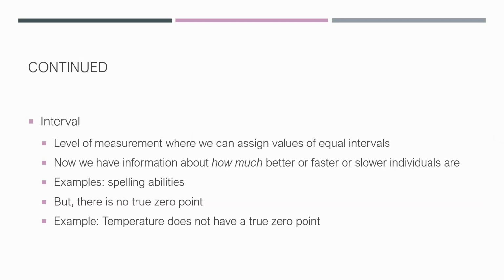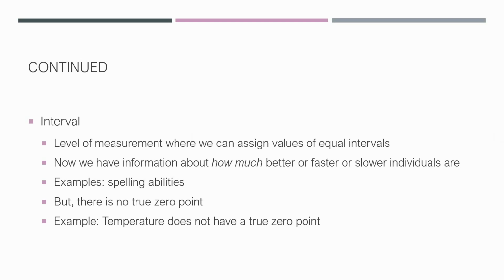So we know that on a spelling test that ranges from 1 to 10, the distance between 7 and 8 is the same as the distance between 9 and 10. So now we have information about how much better a person who scored an 8 is than a person who scored a 7, right? It would be by a 1-point difference.